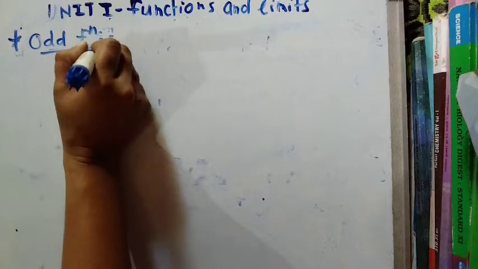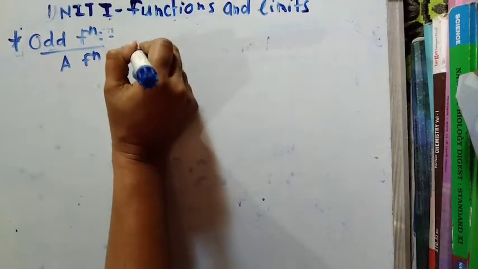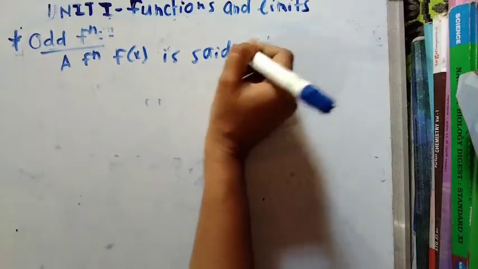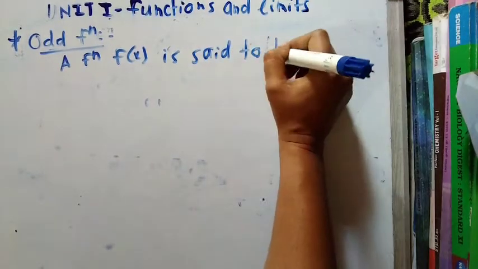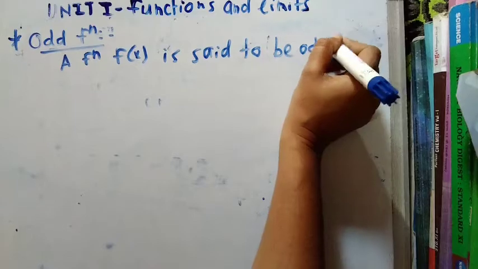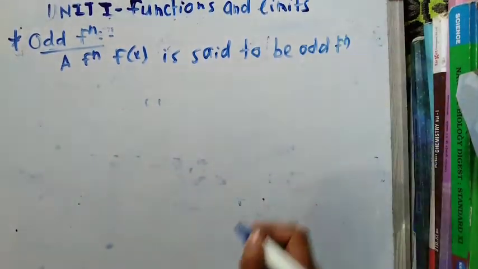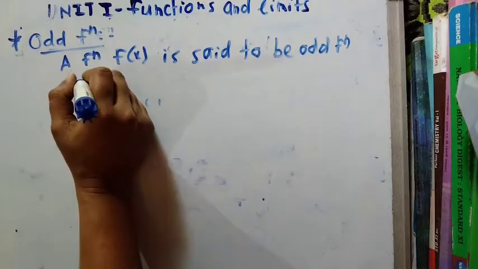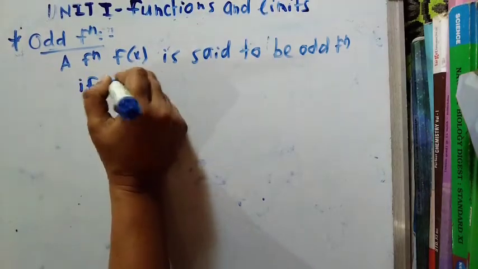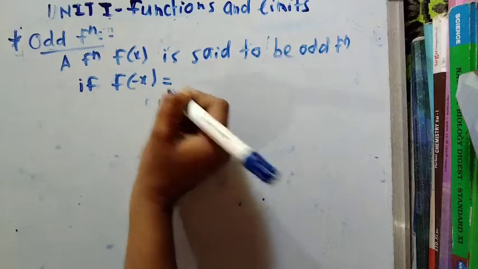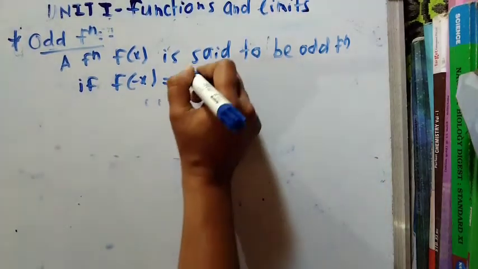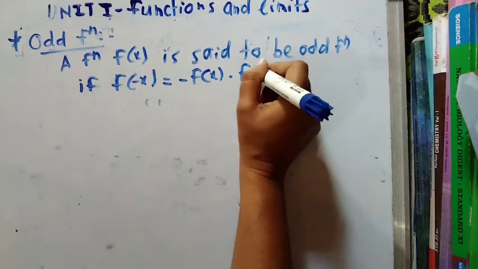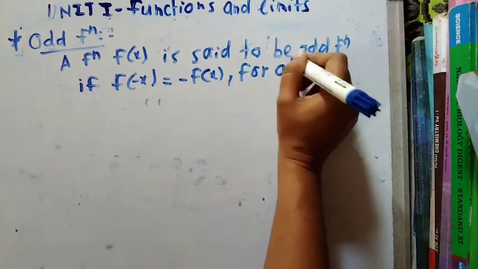A function f of x is said to be an odd function if f of minus x is equal to minus f of x for all x.